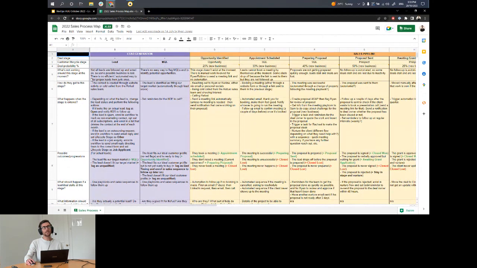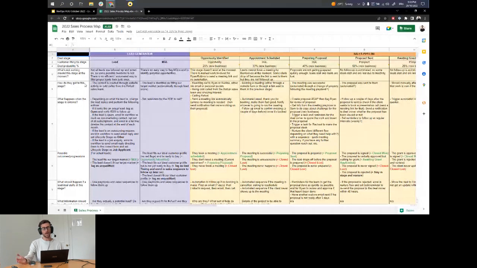And then we have our plan for each stage. So how do customers get there? And if possible, how can we automate them getting there?